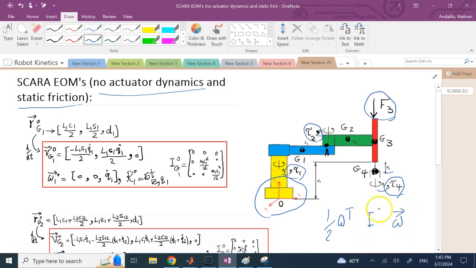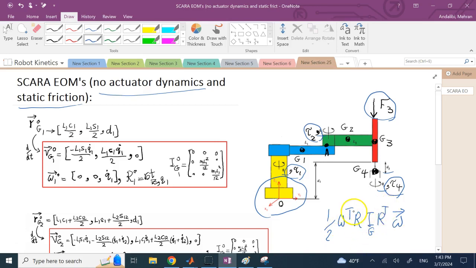But this I here is about a body attached frame. Here we're going to write everything in the base frame. So this I that you have in the body attached frame, I about G, you have to transfer it to the base frame. So what you will use is R I R transpose.